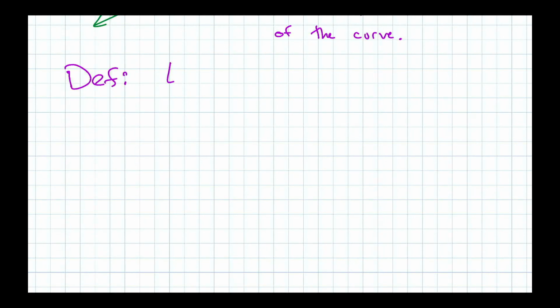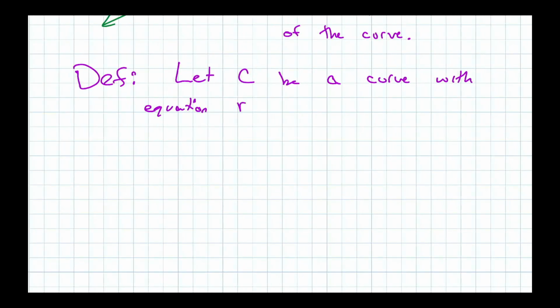So what we say in our definition here: let C be a curve with equation, I'm just saying equation, but vector valued function r. Assume r prime of t naught exists.